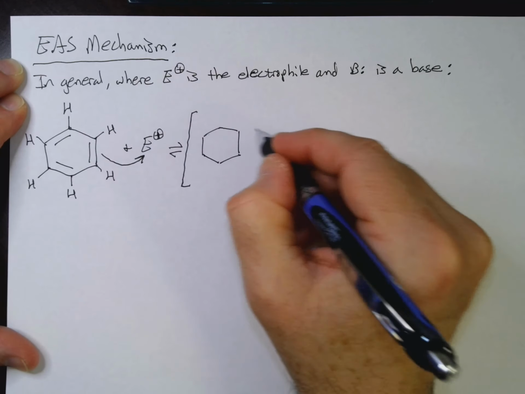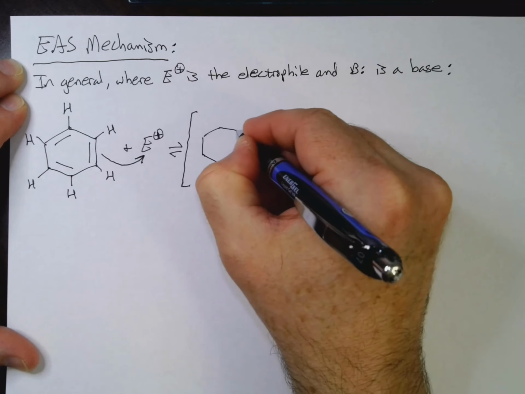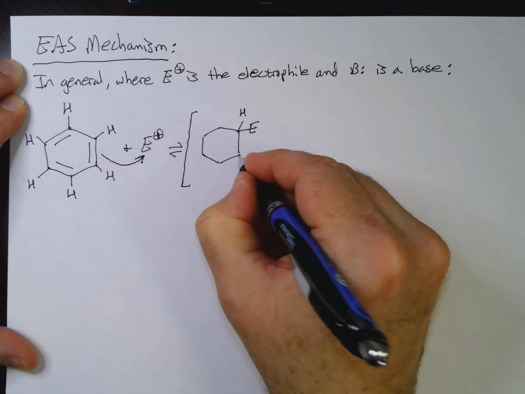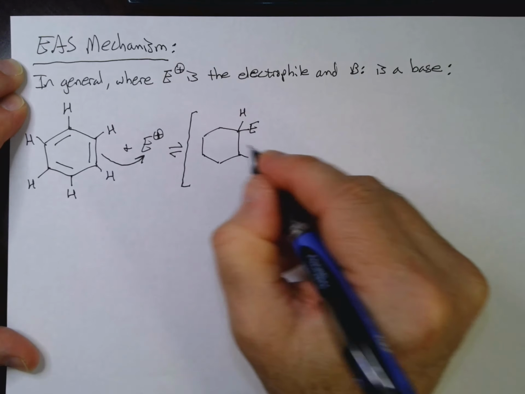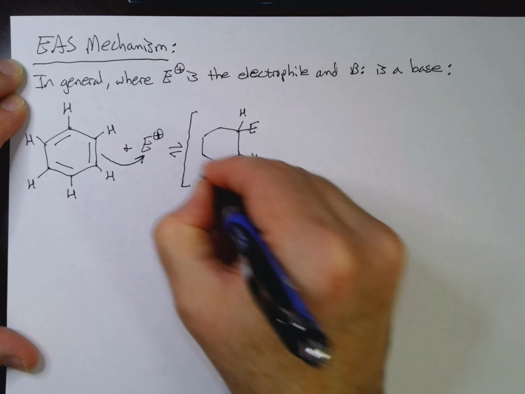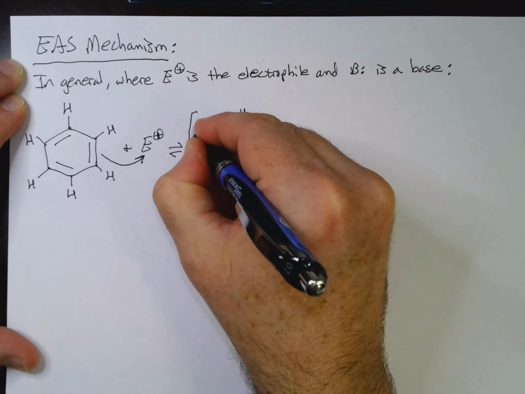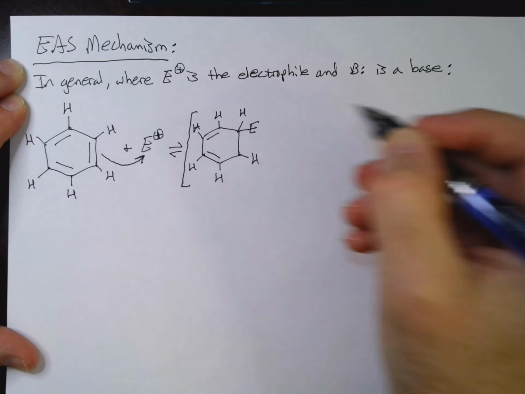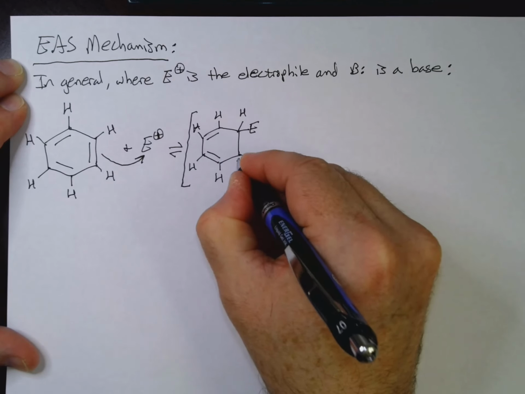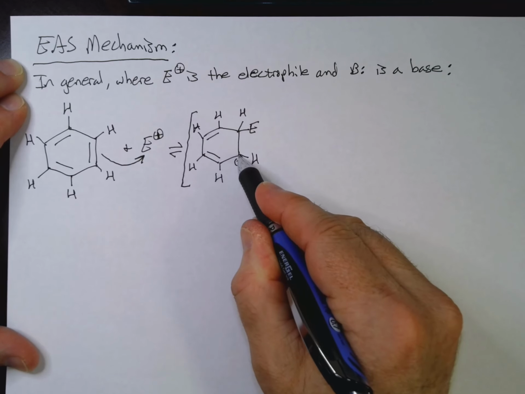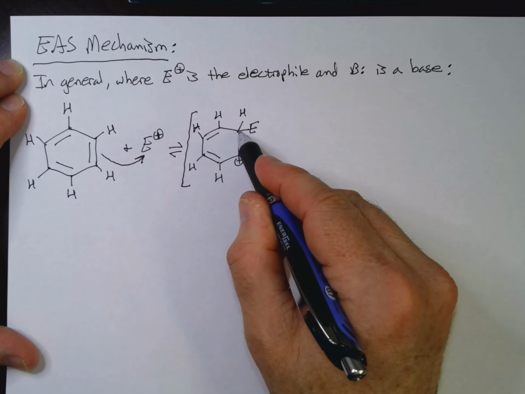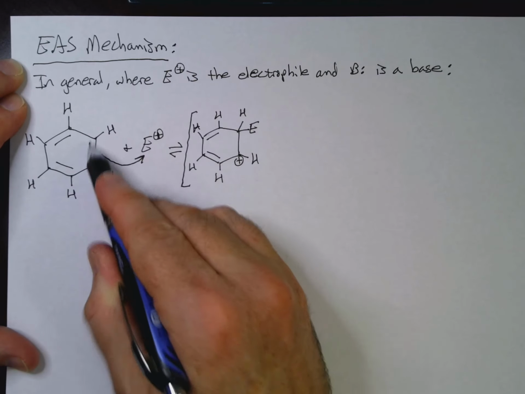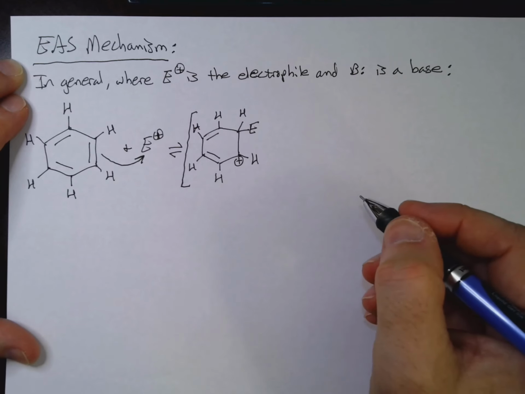So we'll have our hydrogen, we'll have our electrophile, and hydrogens on the other carbons. We still have these double bonds, and we're left with a positive charge on that carbon. So not the carbon the electrophile goes to, because that's got 4 things on it, but the other carbon at the other end of that double bond.